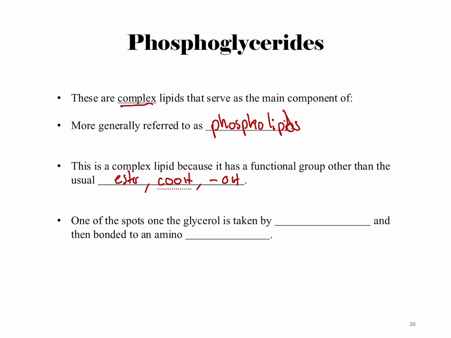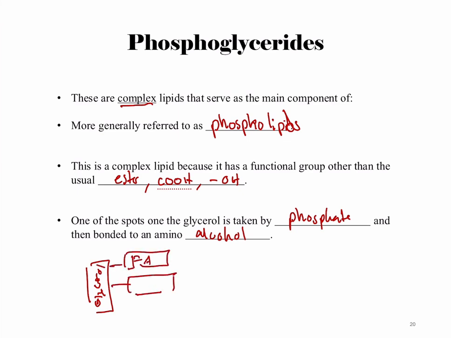And so, like a triglyceride, we have two fatty acids, except one of the spots is taken by a phosphate that is bonded to an amino alcohol. Right, so if we had the block diagram, we still have our glycerol. We have two fatty acids. And then now we have a phosphate that's bonded to an amino alcohol.